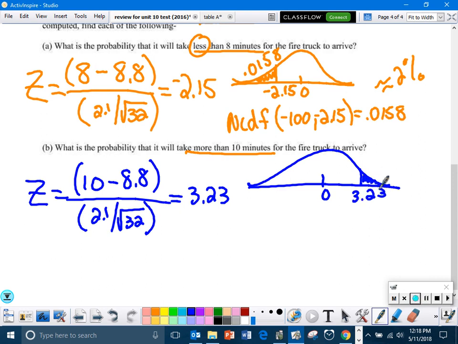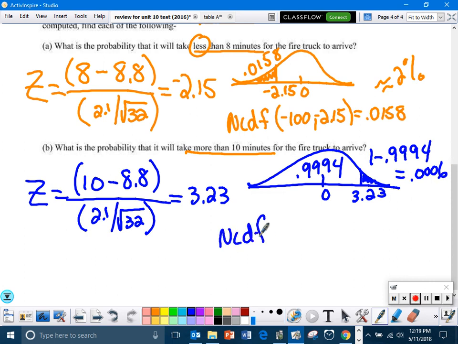So again, when I look this up on the table, 3.23, 0.9994. One minus that, which will be the same thing if we use the calculator.